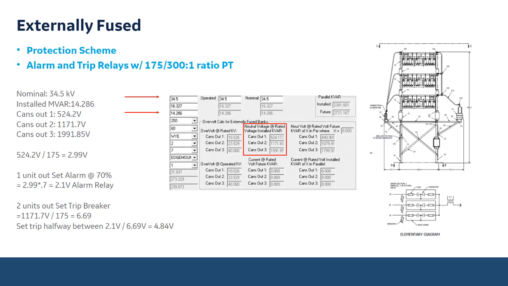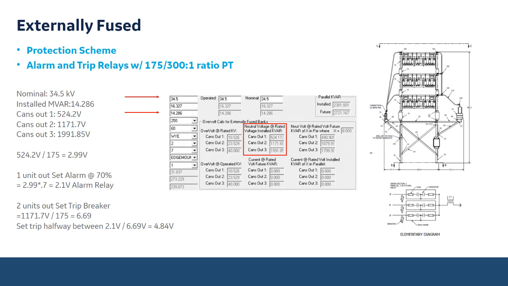Generally, we set that alarm at 70%, so 2.99 volts times 0.7 for 70%, so your alarm relay will be set at 2.1 alarm. Now, if two units go, at that point, you have a pretty significant issue on that capacitor bank, so that will drive to trip a breaker.